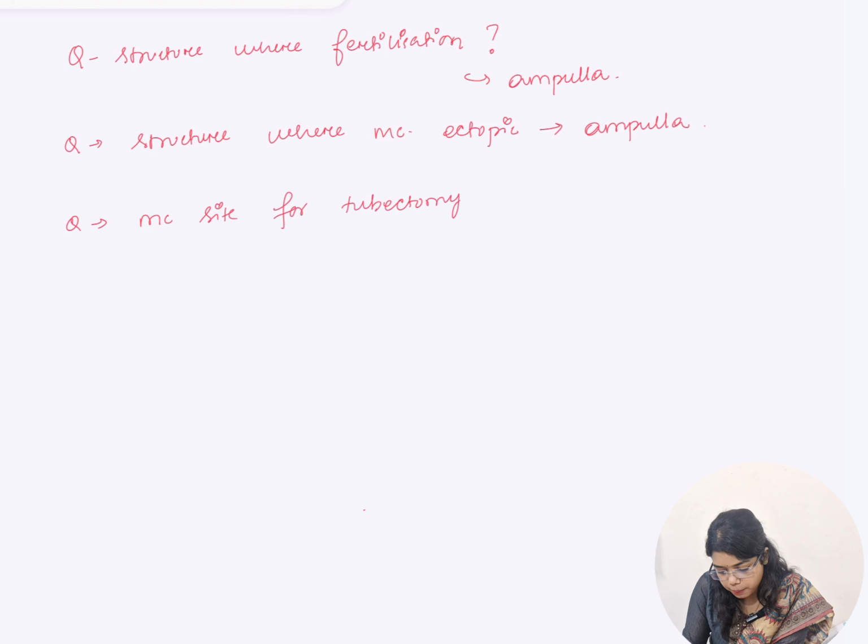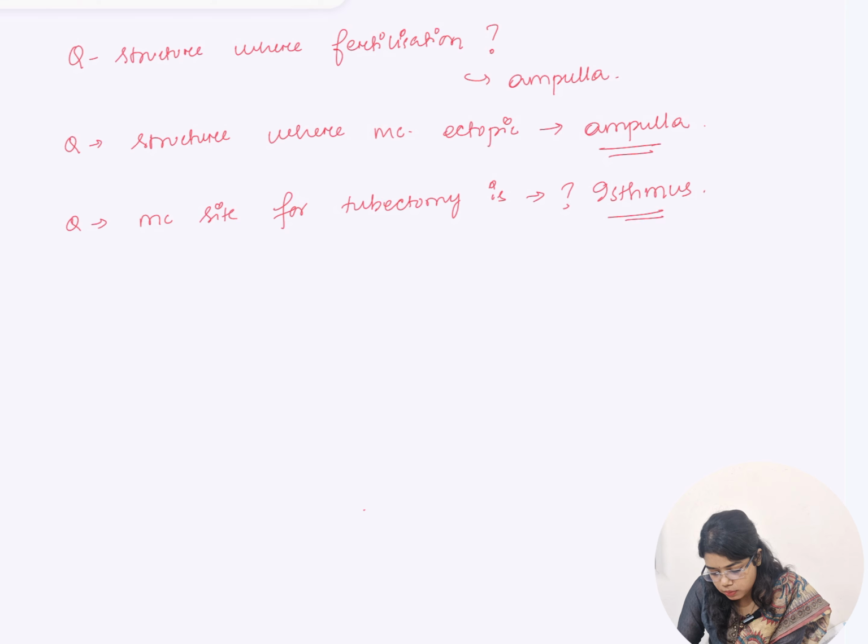And the most common site for tubectomy is which one? Is it ampulla? No, it is not ampulla, it is isthmus. Why? Because see, ampulla is the widest and longest. So how will you ligate that?